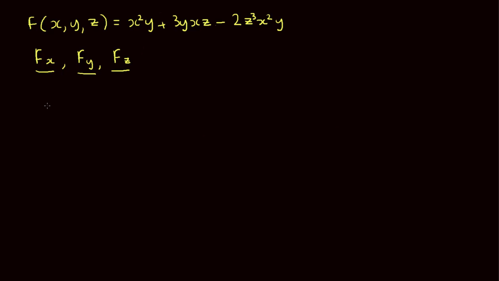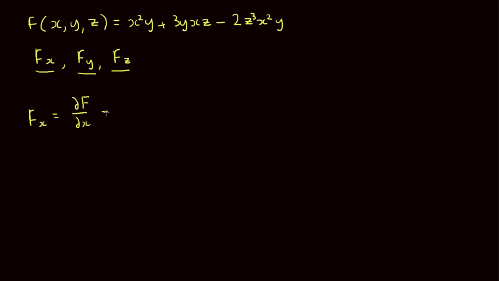Okay, after you've paused the video and tried to figure it out, let's work on the problem together. It's a very straightforward problem. Recall that fx is simply del f over del x.